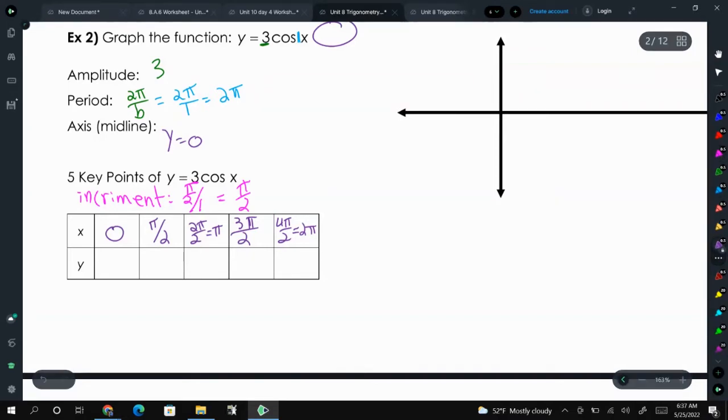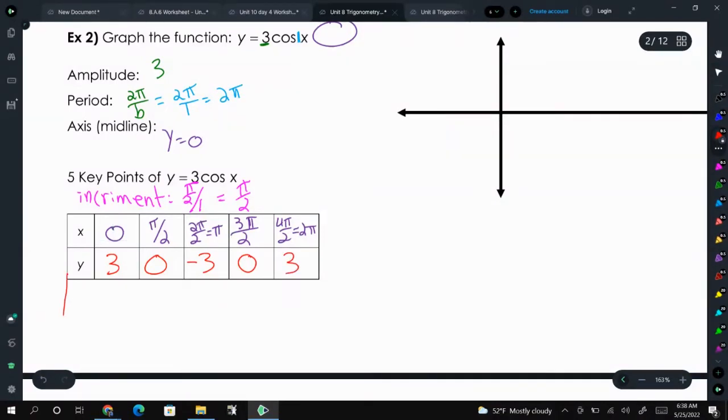So the cosine of 0 is 1, so that gives me 3. Cosine of pi over 2 is 0. 0 times 3 is 0. Cosine of pi is -1. -1 times 3 is -3. And then 0. And then we're back to 3 again.